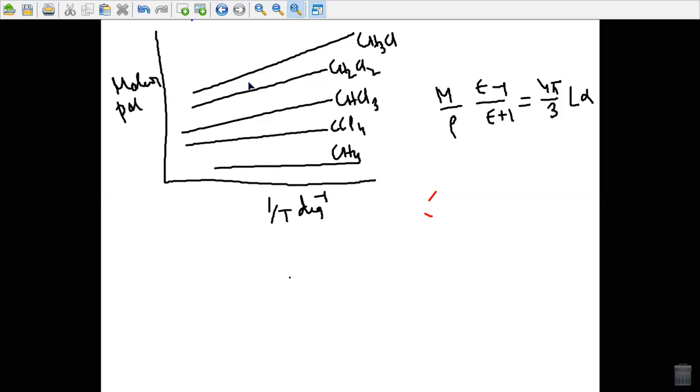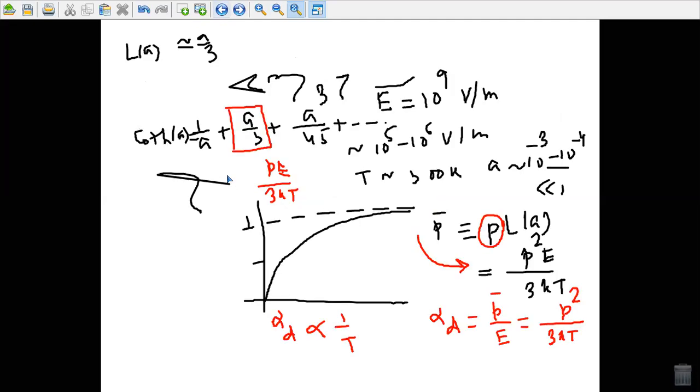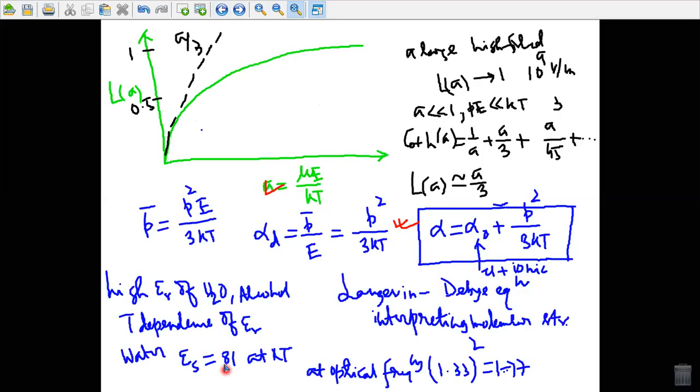The static dielectric constant of water is 81 at room temperature, whereas the dielectric constant at optical frequency, that is the refractive index squared, with the refractive index of water being 1.33, turns out to be 1.77 only.